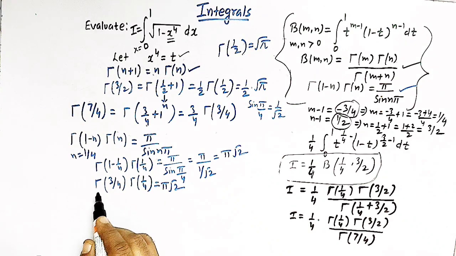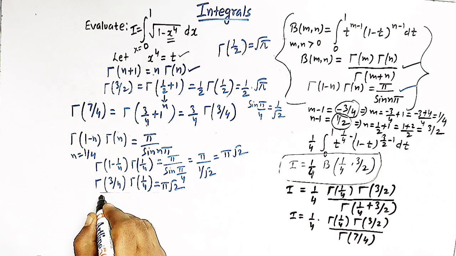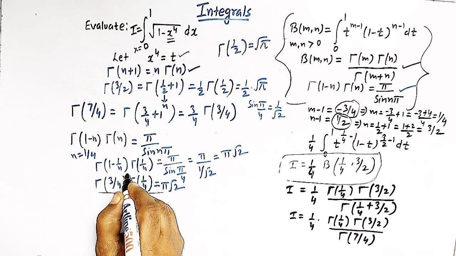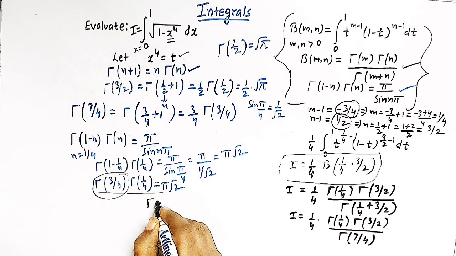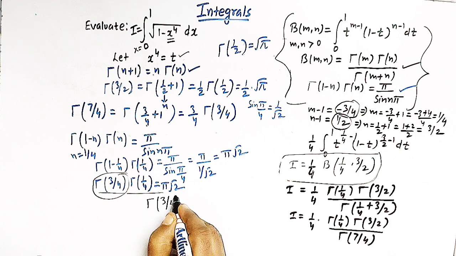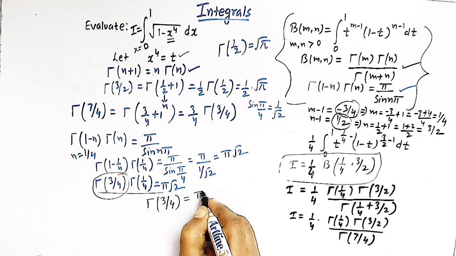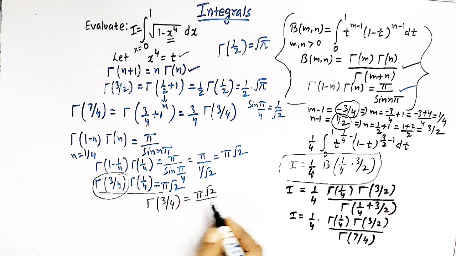So now from this relation, we can write the value of gamma 3 by 4. So we can now write gamma 3 by 4 is equal to pi root 2 divided by gamma 1 over 4.